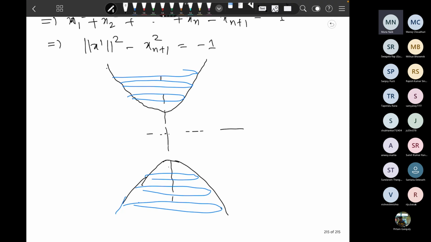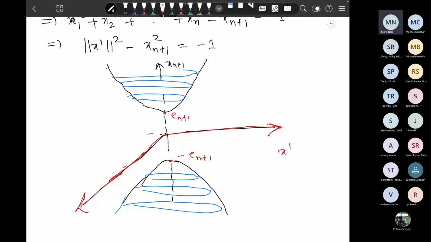So this is the x_{n+1} direction. This point is my e_{n+1}, and this is my minus e_{n+1}. And this line which I am coloring in red represents the plane of x prime also.